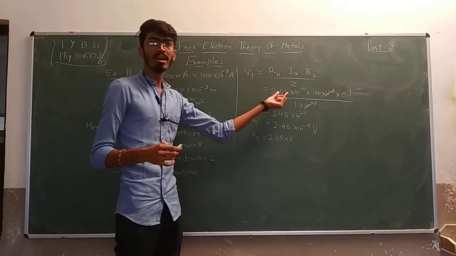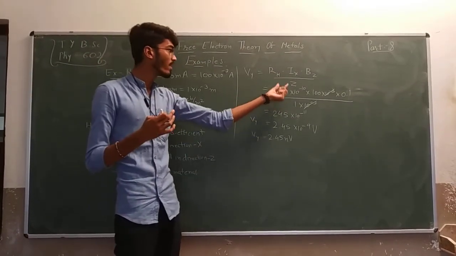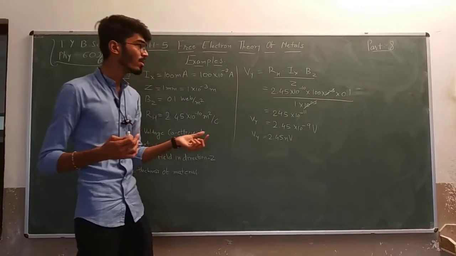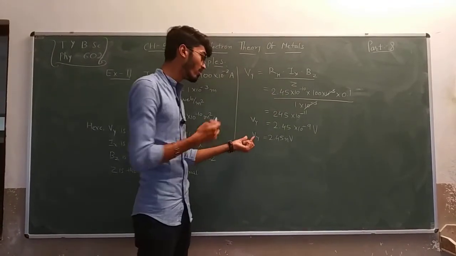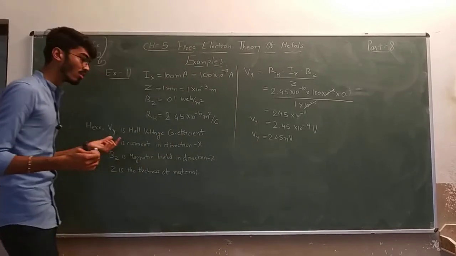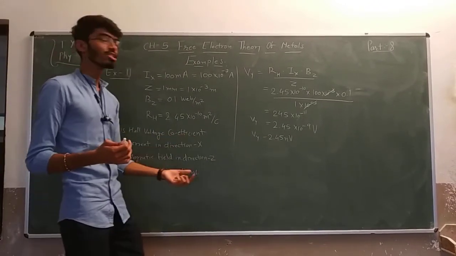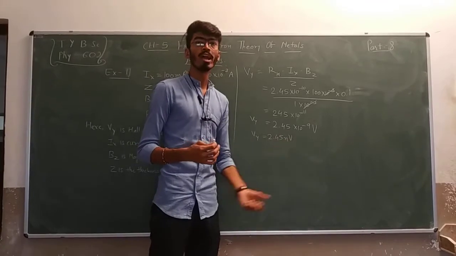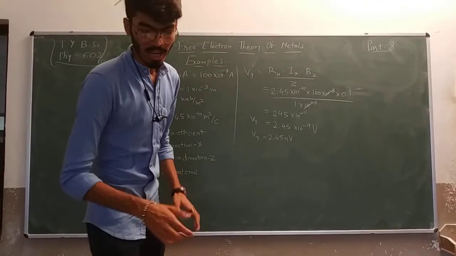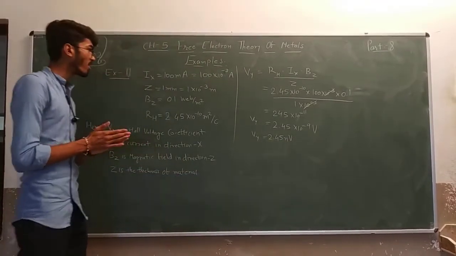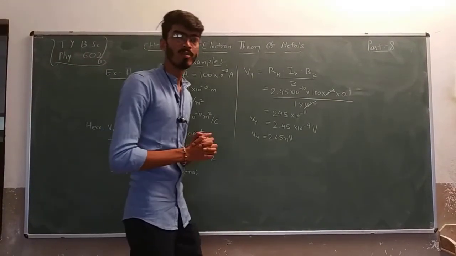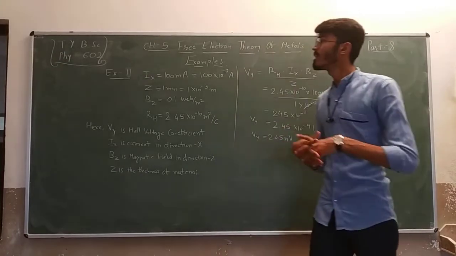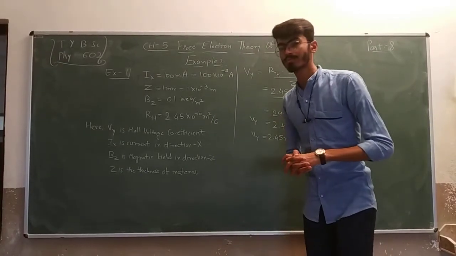After putting the values in this equation and calculating the mathematical steps, we find V of Y, the Hall voltage, 2.45 nanovolt. So here we completed our example number 11. You can stop the video for 2 minutes and write this example in your books.